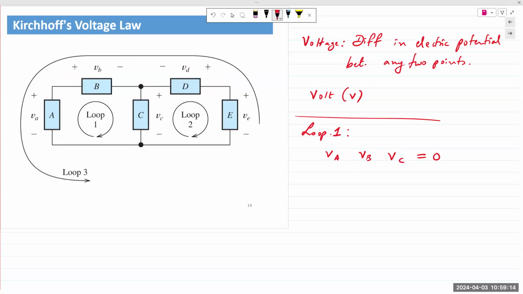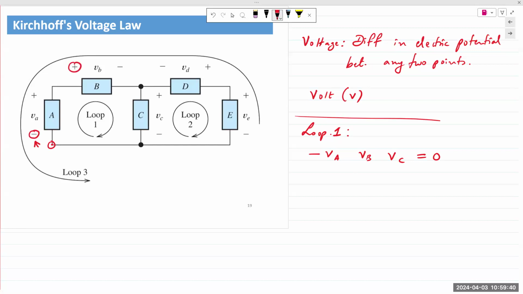Then I pick a direction, clockwise or counterclockwise, starting from any point in that loop. I start at the bottom left corner, and I start driving around that loop. The first sign I encounter is the sign I would put in the equation. Meaning for A, it is minus, so minus VA.